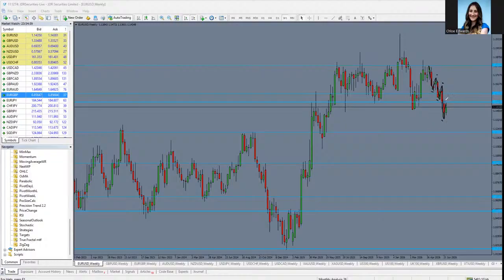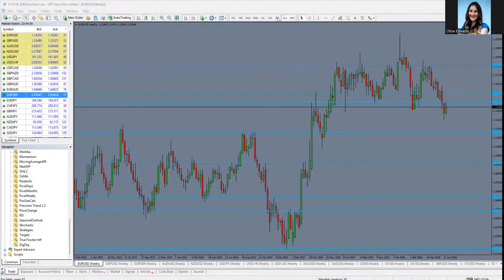Bearing in mind that I have a strong horizontal level just at this point here, what I'm anticipating is another lower high forming. Last week closed as this bullish candle, so price has pulled back, it has retraced up to this horizontal level. I'm anticipating potentially a lower high forming at that point in order to continue the downtrend.